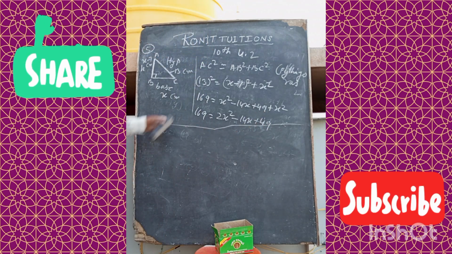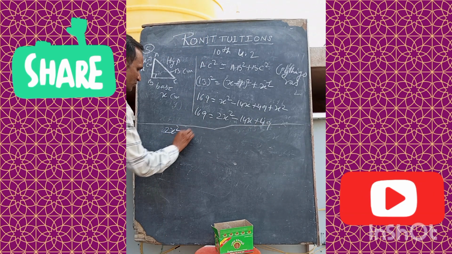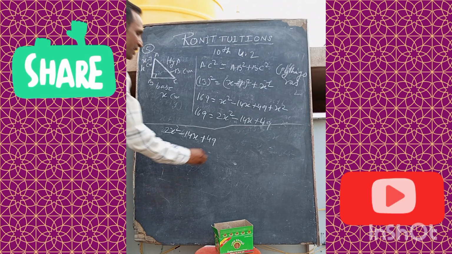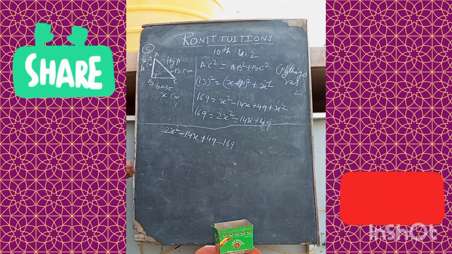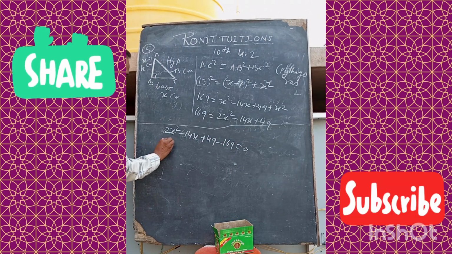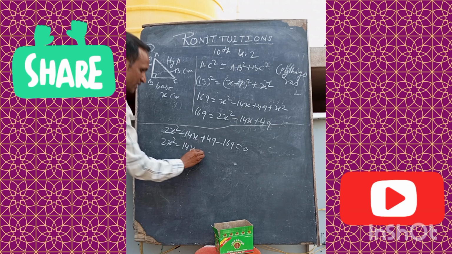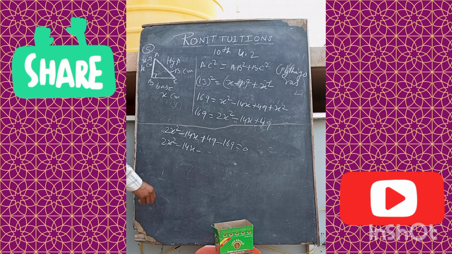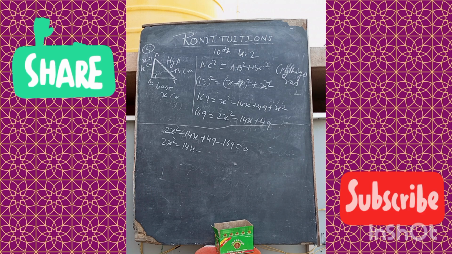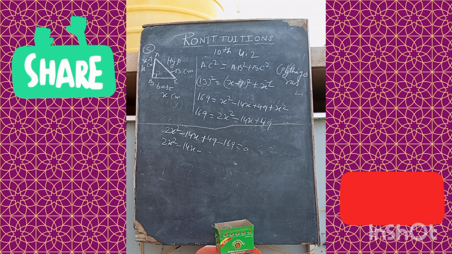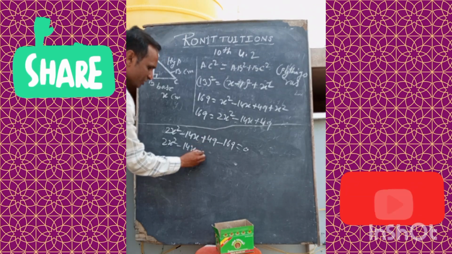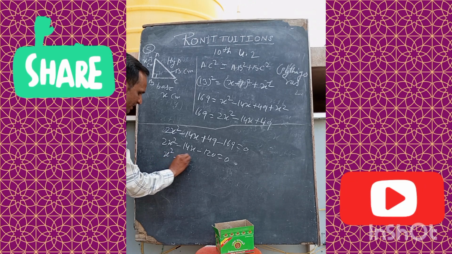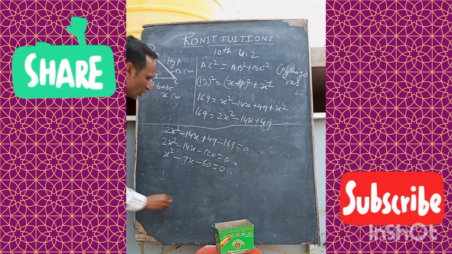Writing it as 2x square minus 14x plus 49, this number goes from the left hand side to the right hand side, becoming minus 169 is equal to 0. Now 2x square minus 14x minus 120 is equal to 0, since 169 minus 49 is 120. We can divide it by 2, so it becomes x square minus 7x minus 60 is equal to 0.